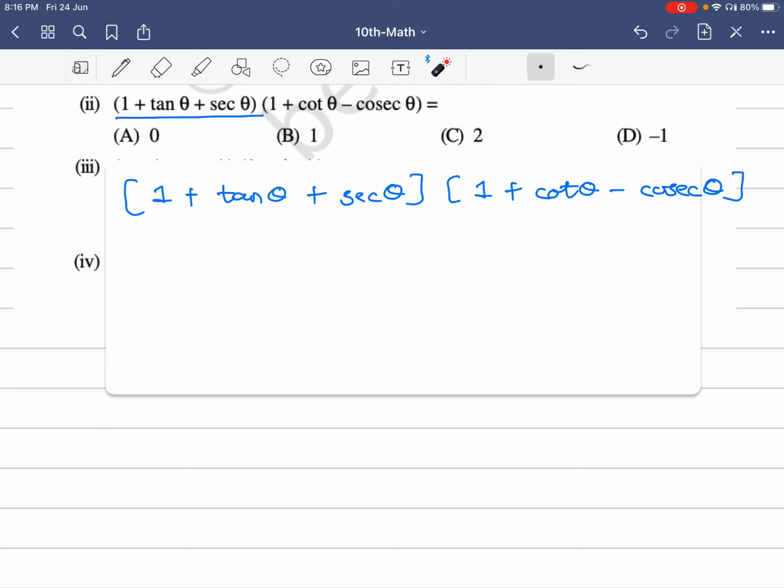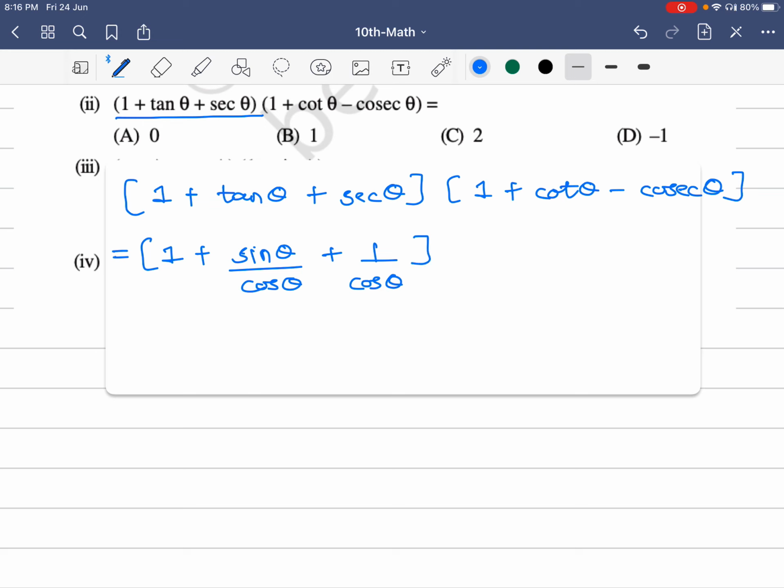Now in order to evaluate these brackets, I'm going to convert each of these trigonometric ratios into its basic or foundational trigonometric ratios, which are sin theta and cos theta. So let's rewrite each of them in terms of sine and cos. So 1 will be as it is, tan theta is sin theta upon cos theta and sec theta is 1 upon cos theta.